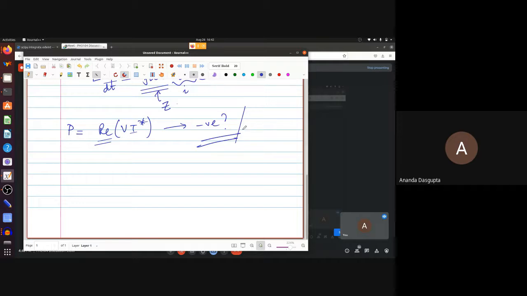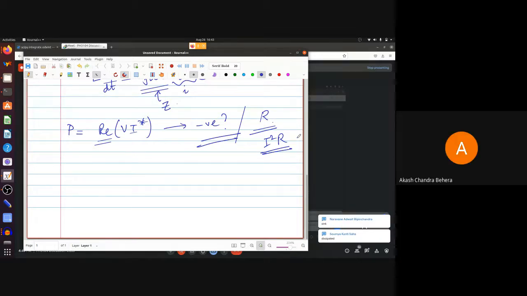By the way, for a resistance, the power is I square R. That of course is always positive. Now this positive power, does it mean that the resistance is a source of power or a sink of power? Does it provide power or does it dissipate it? It's a sink, right?